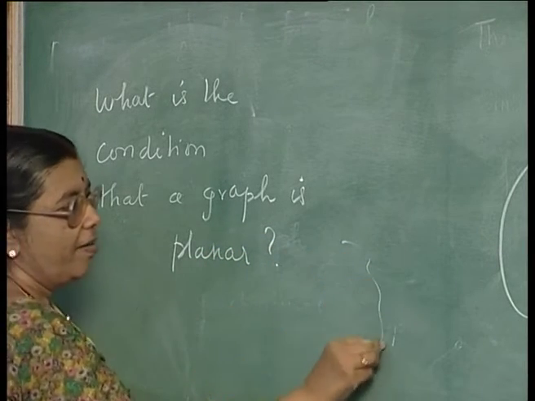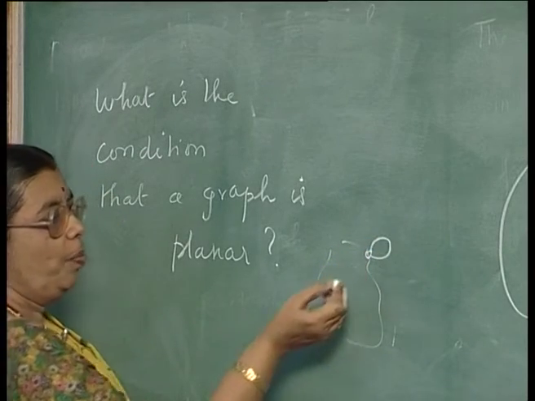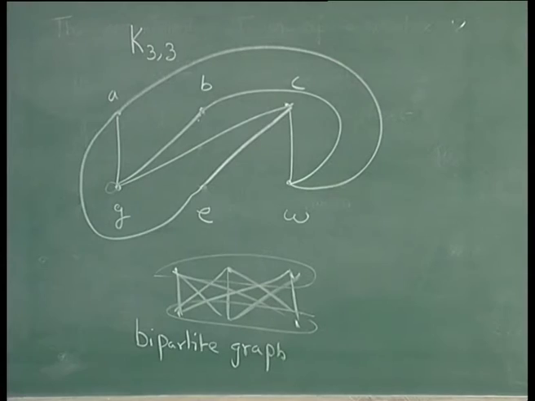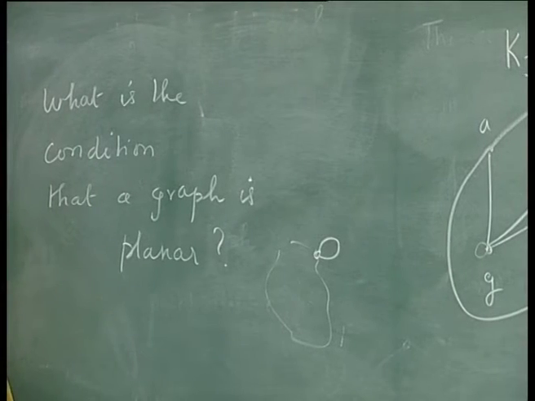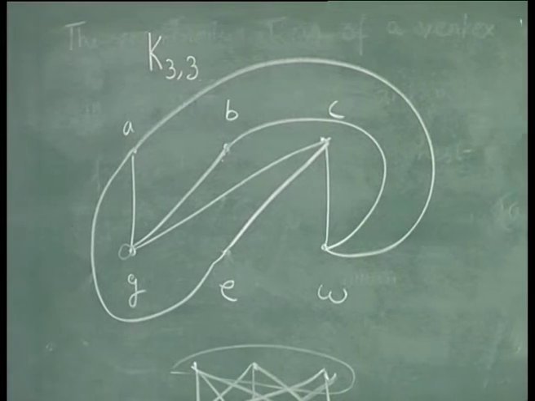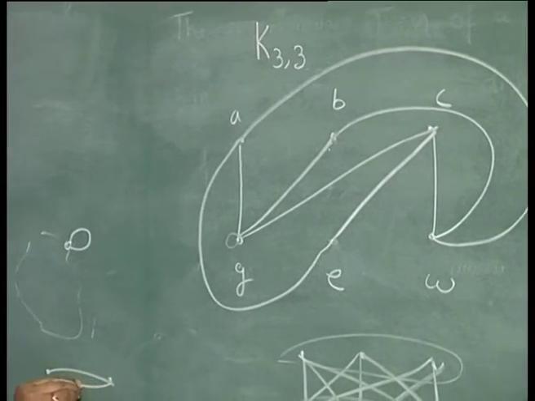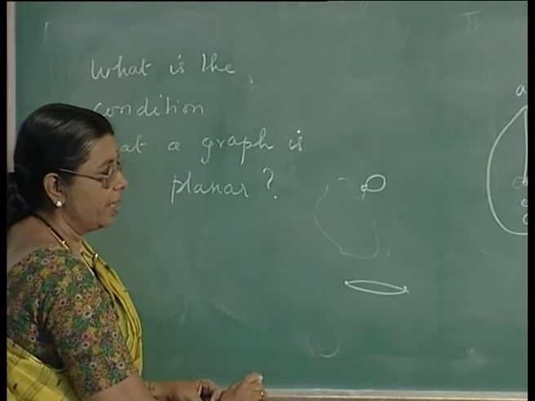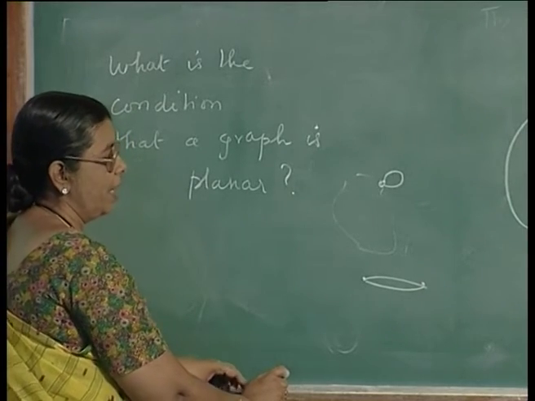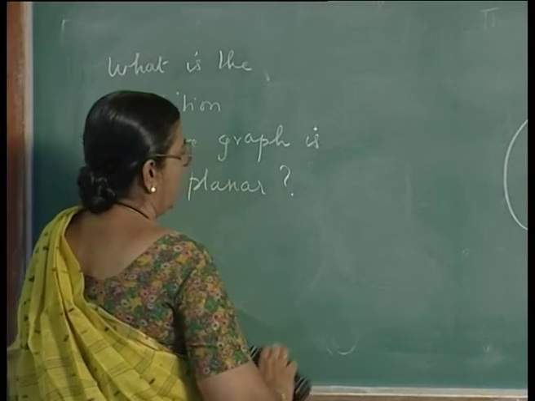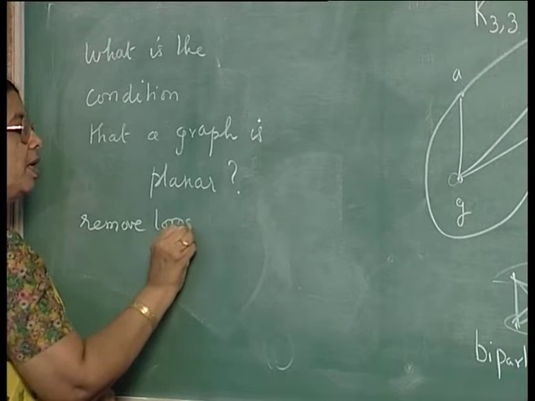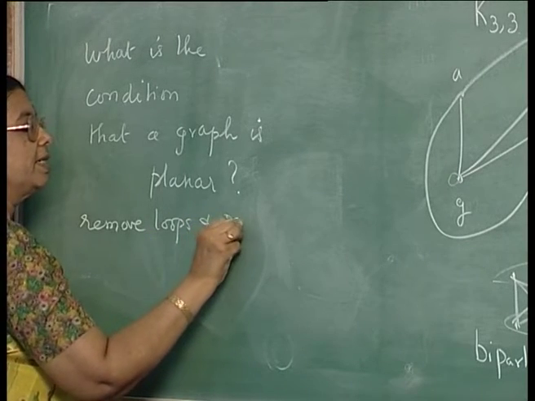Now, you see, if you have a graph and if you have a self loop, wherever you want to have a self loop, you can draw it in a small manner, and so without any problem that will not constitute any crossover and so on. Similarly, if you have parallel edges between these two, you can draw them as close as you want without any crossover, and other crossovers will not be affected by this. So, without loss of generality, you can remove loops and parallel edges.